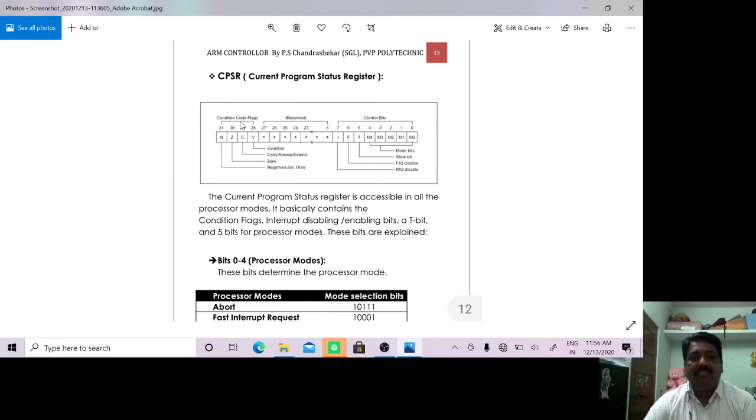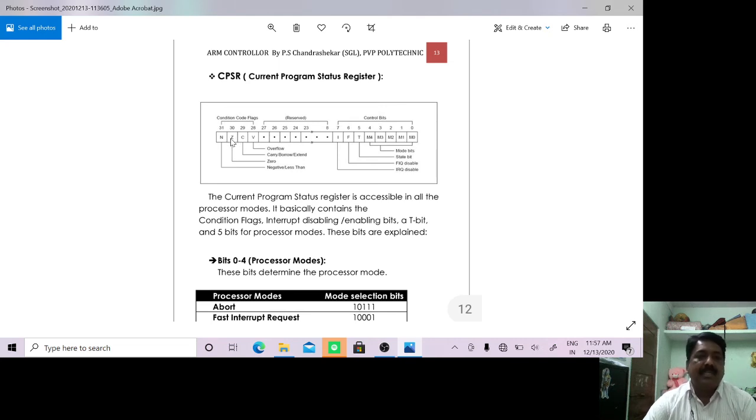So these are the flag bits, and N represents whether the number is positive or negative, because the MSB of any data represents the polarity of the number. If it is 1, then it is a negative number. If it is 0, then it is a positive number. Then the zero bit comes into the picture when you subtract two numbers or compare two numbers.